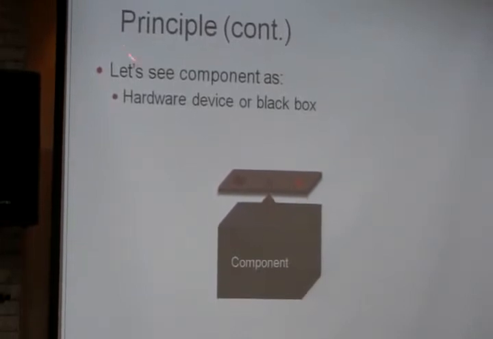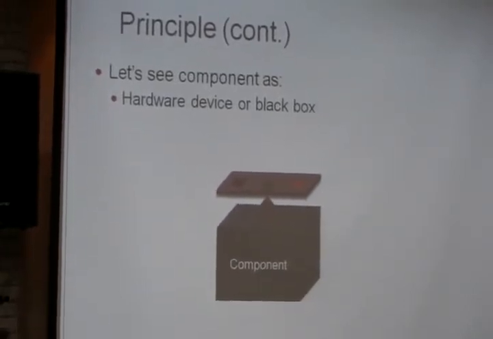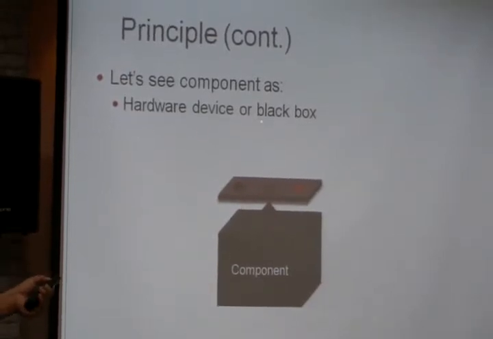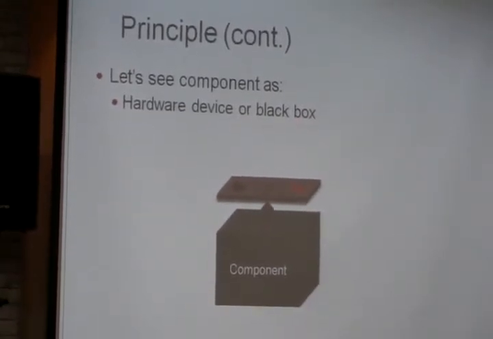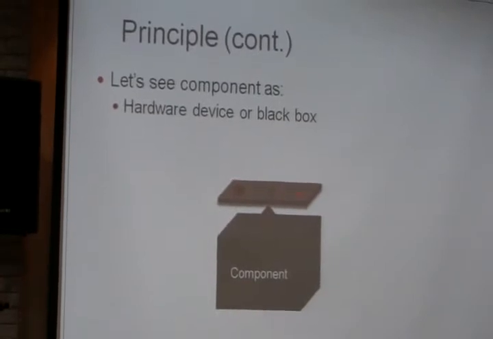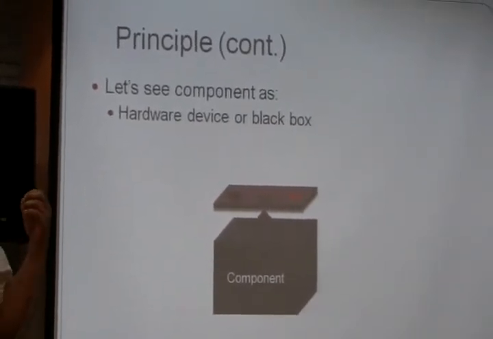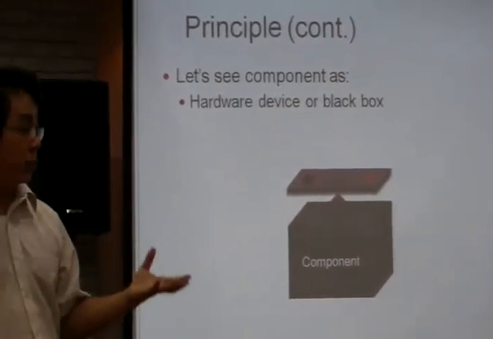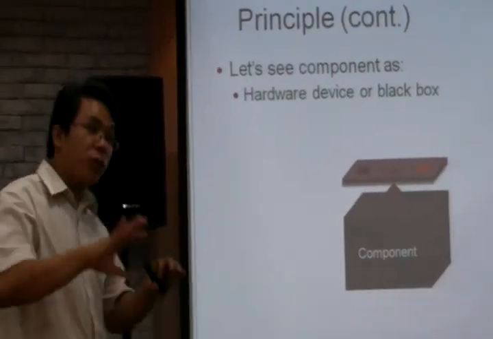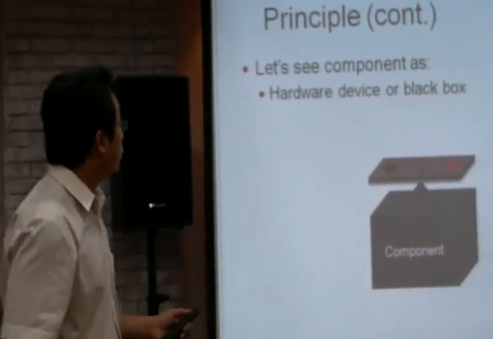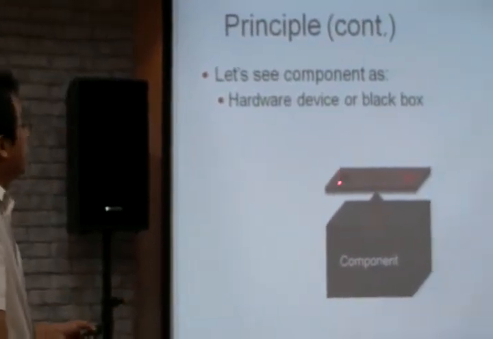The next principle is we have to see a component as a hardware device or black box. Do you know a hardware device? A hardware device like a camera, like a radio, like an air conditioner. You can only see the hardware device from outside. I mean you only see buttons.